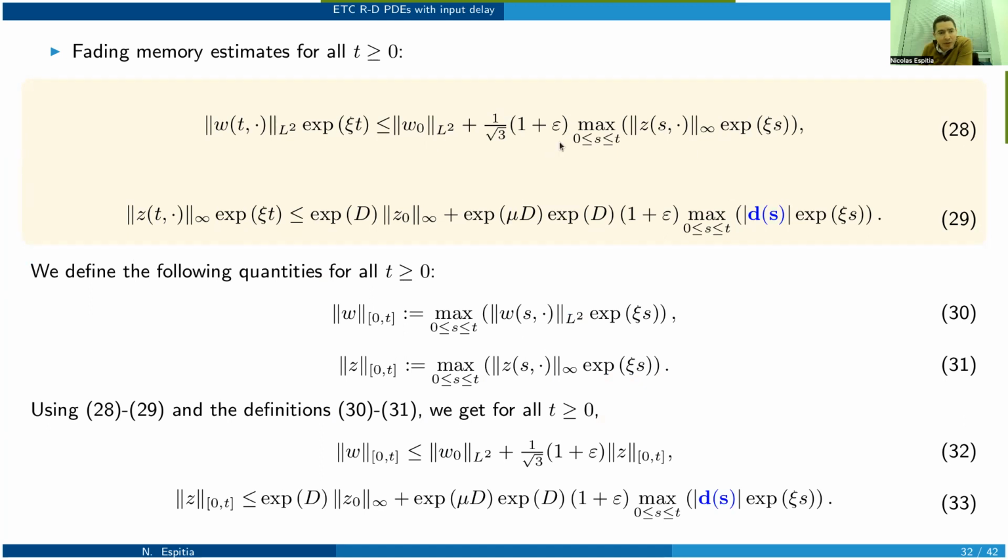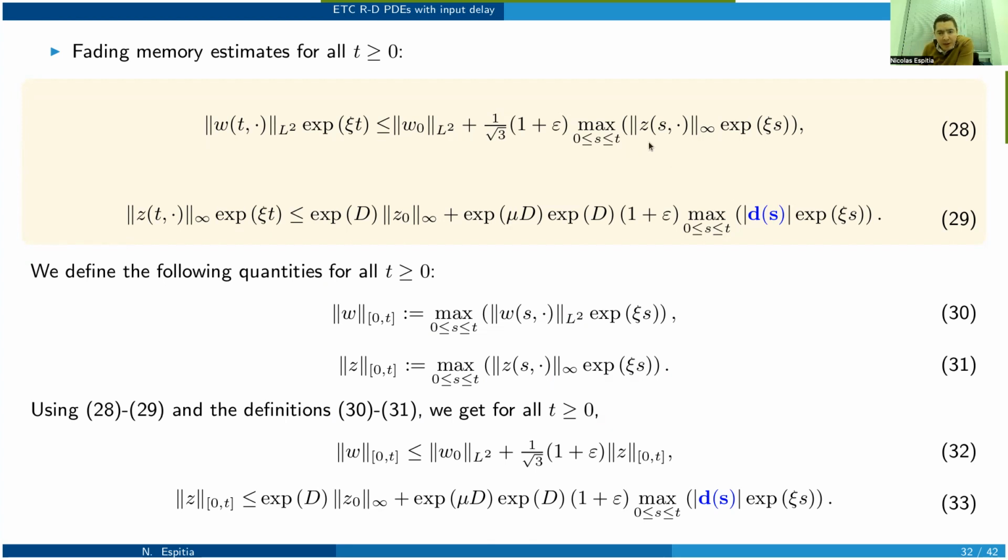I want to say that with a fading memory estimate, the past values of the external signal have less effect on the state than the current values of the external signal. And fading memory estimates are very important whenever one wants to use small-gain theory, which is actually the core of our approach.